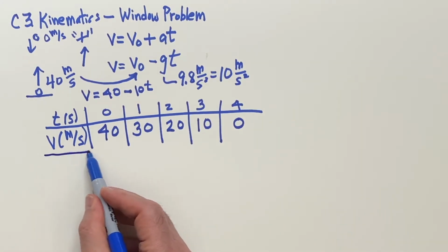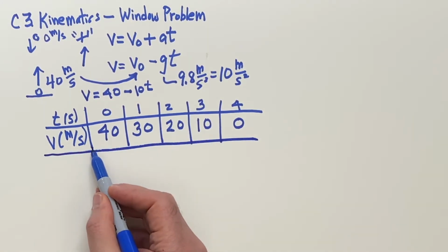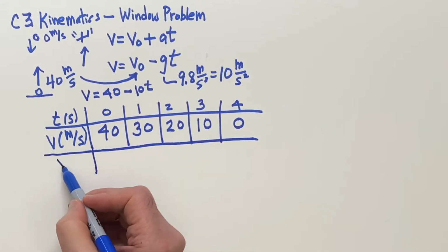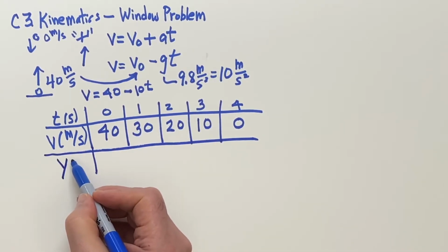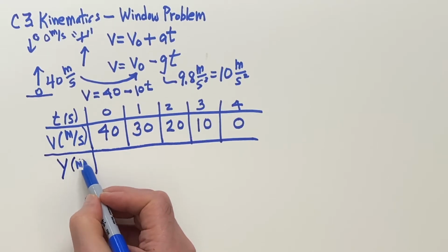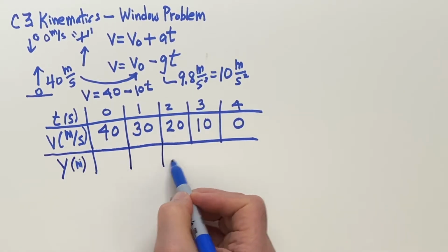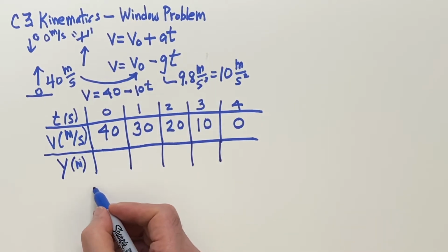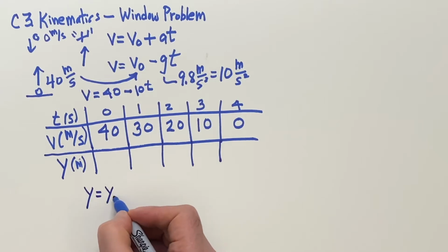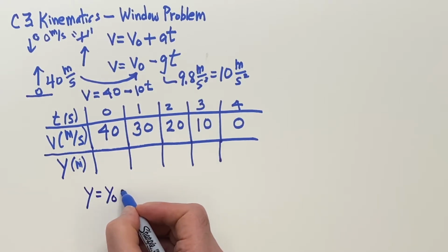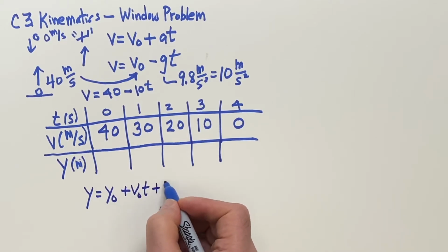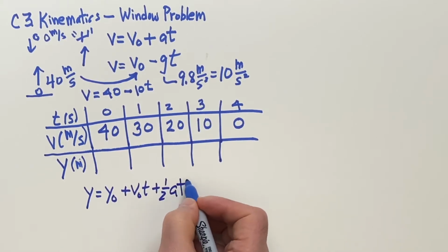Now I would like to also have how high it is, and we'll call that the y. In other words, what is the y as a function of time? So our y equation would be, if we start with basics, y naught plus v naught t plus one half at squared.